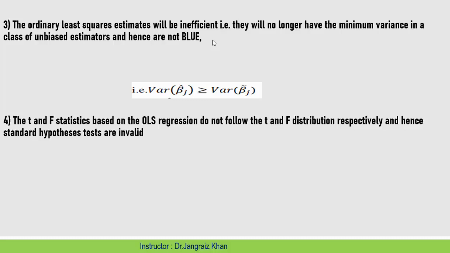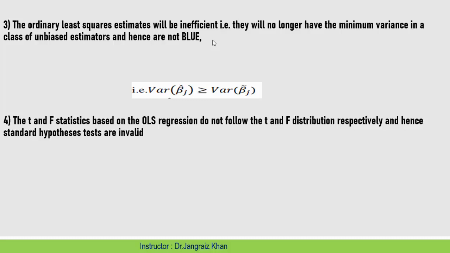They are called BLUE because they are linear, they are unbiased, and they are efficient. Means the least square parameters have minimum variance, due to which they are preferred over the other estimates which are estimated through some other econometric methods.